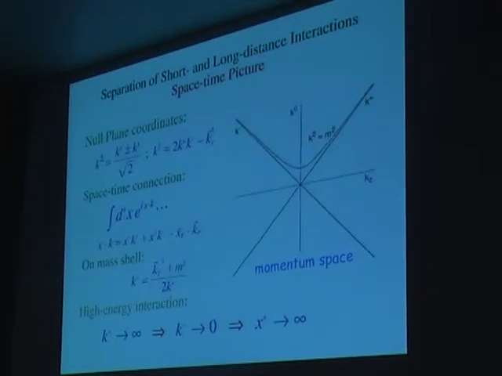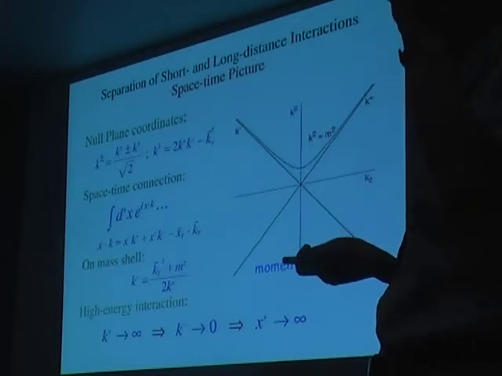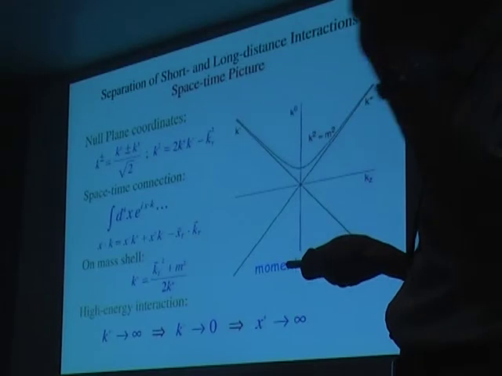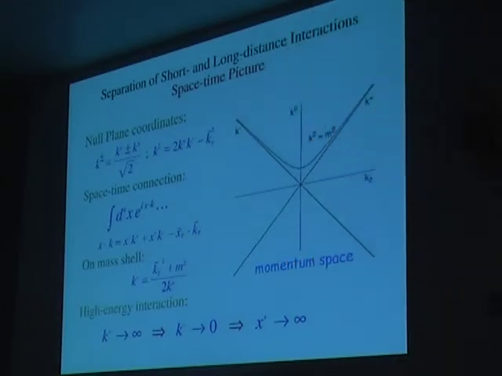Now, we also like to gain a deeper understanding by asking, for those kinematic configurations which I described in momentum space, what is the space-time picture which relates to this?